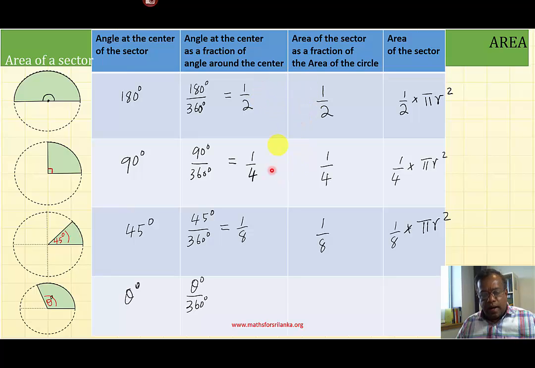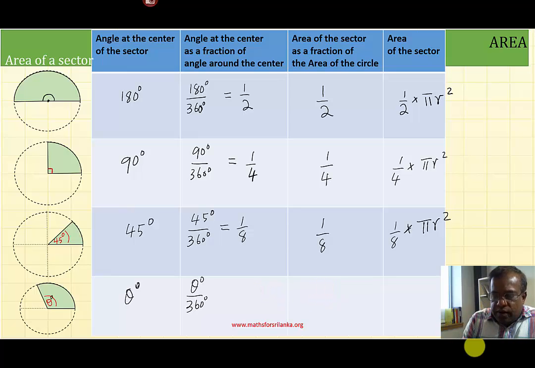1/2 is equal to 1/2, 1/4 equal to 1/4, and 1/8 equal to 1/8. That means the angle at the center as a fraction of the angle around the center is the same as the area of that sector as a fraction of the area of the circle. Therefore, we will get the same relationship over here.